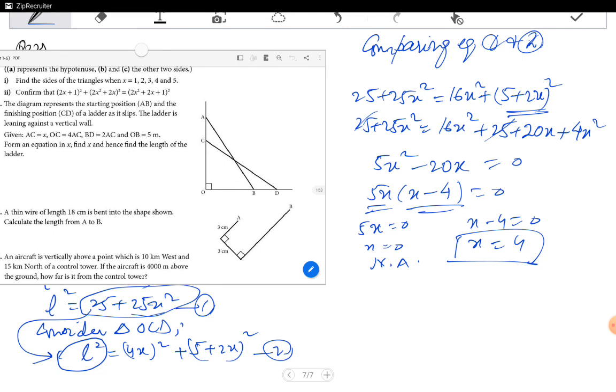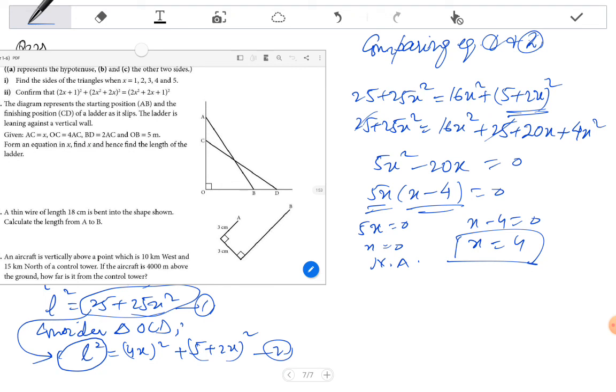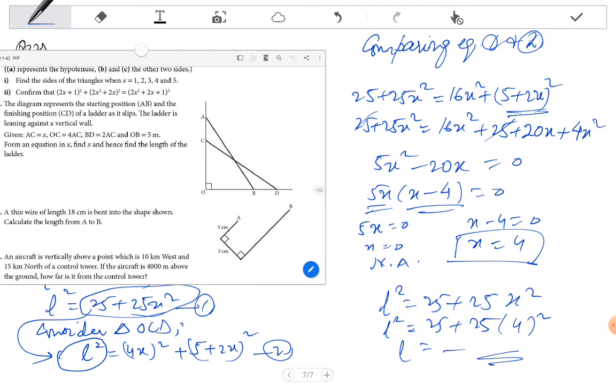Although we have found the value of x, the question doesn't require the value of x. It requires the length of the ladder. So in order to find the length of the ladder, you should use any of the two equations, like L square equals 25 plus 25 times x square. So L square equals 25 plus 25 times 4 square. Whatever comes is the value of L, so you can find it yourself.